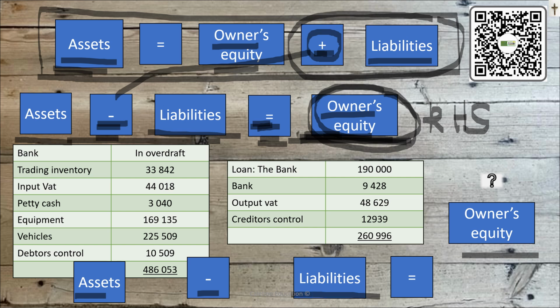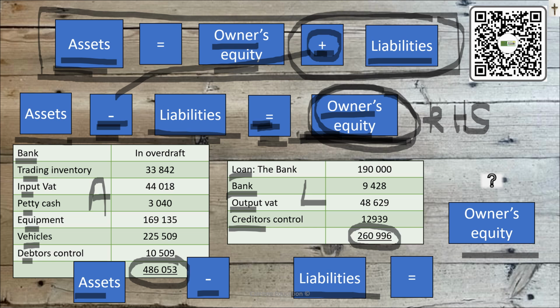Then I took the numbers from the previous slide. Remember, we categorized these, and all these accounts we categorized as assets according to definition. If I total up the assets, it's 486,053. And then we identify these accounts as liabilities. And if I total up my liabilities, I get 260,996.